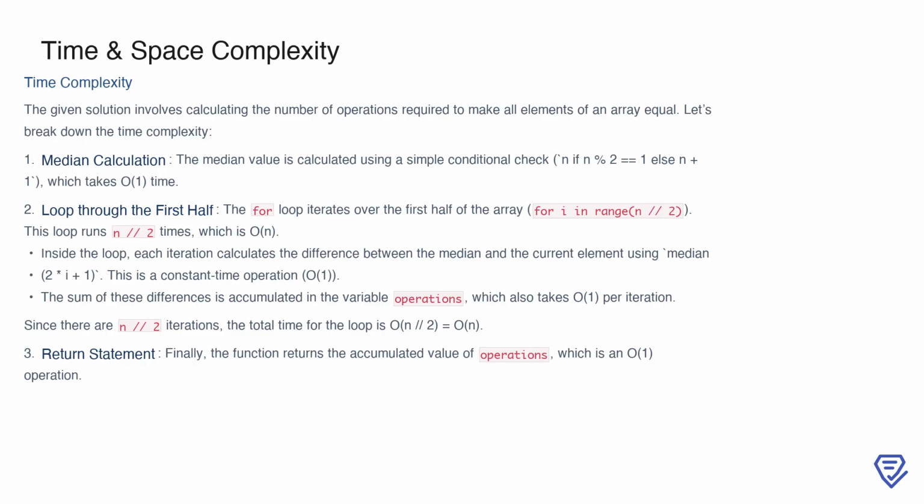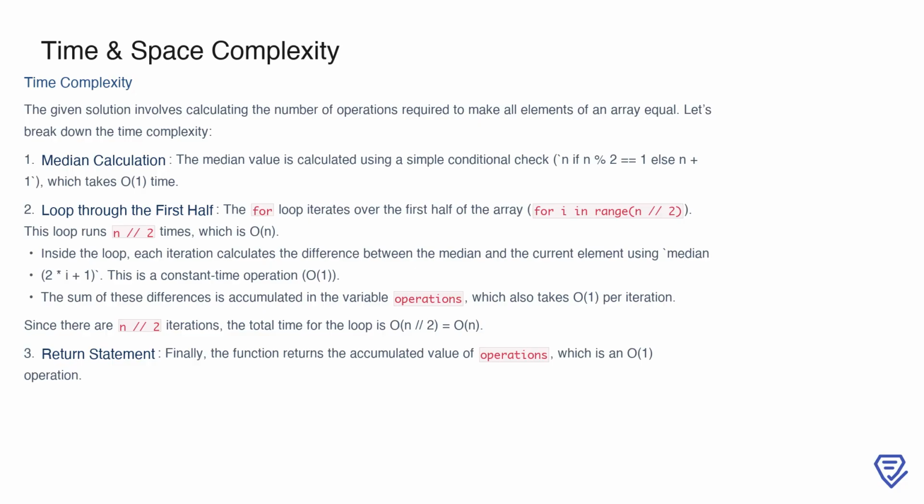The time complexity of this solution is determined by analyzing each step of the algorithm. First, the median calculation is performed using a simple conditional check. This operation is constant in time, or O(1), since it doesn't depend on the size of the input. Next, we have a loop that iterates over the first half of the array. This loop runs n divided by 2 times, where n is the size of the input. Within each iteration, we compute the difference between the median and the current element, which is also a constant time operation.